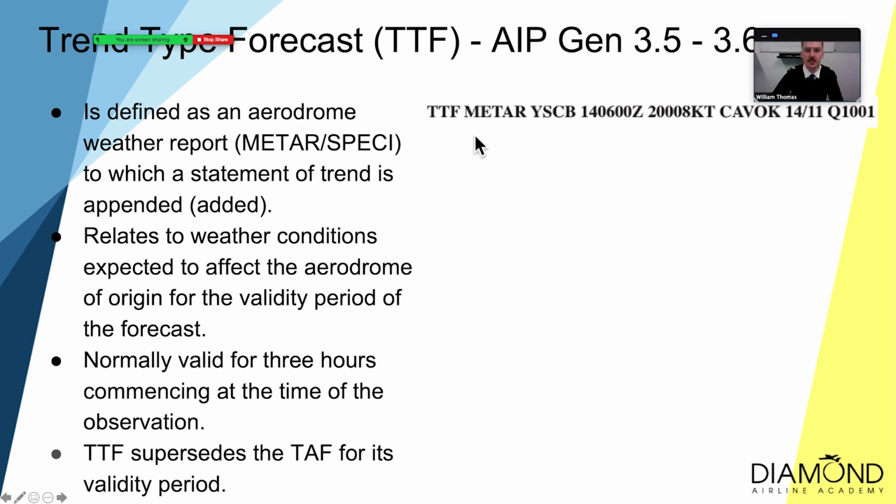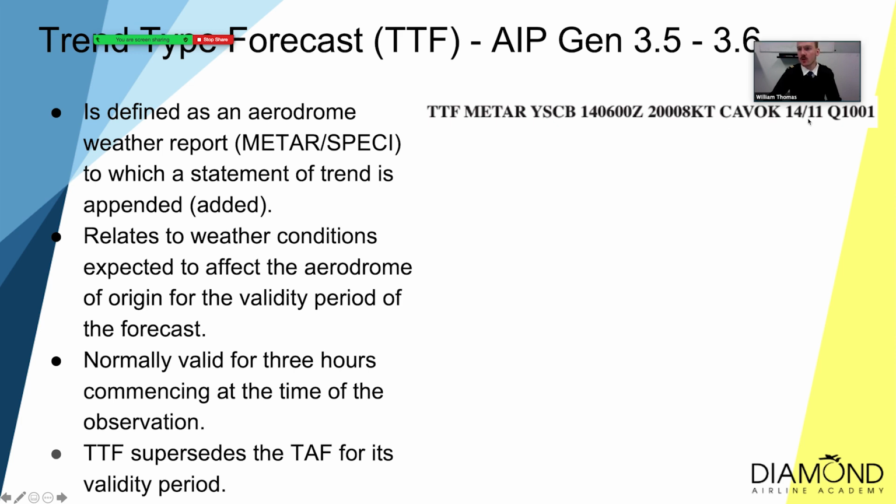So in this instance, we've got trend type forecast. METAR for YSCB issued on the 14th day of the month, 0600 Zulu. Wind observed from 200 degrees true at 8 knots, CAVOK.